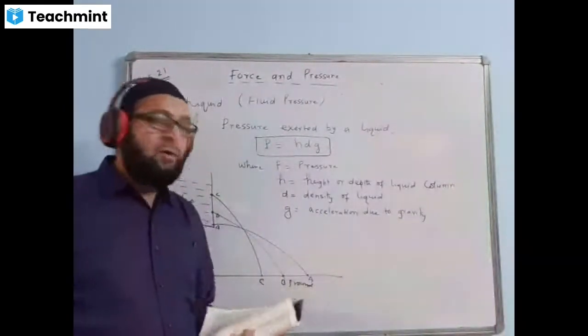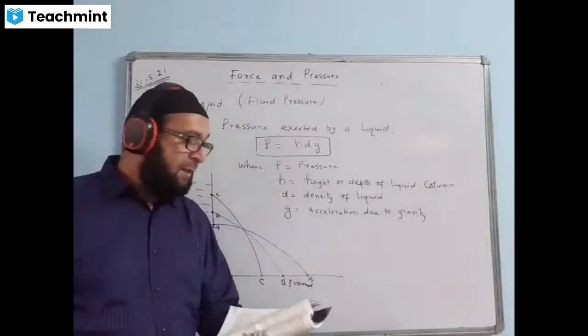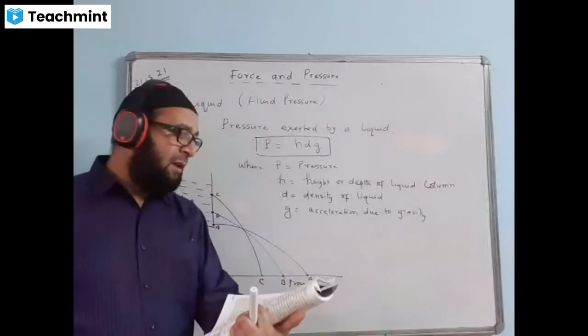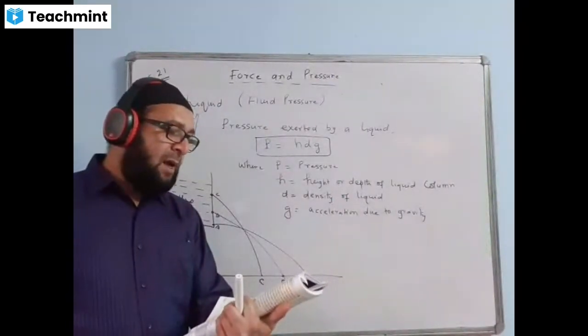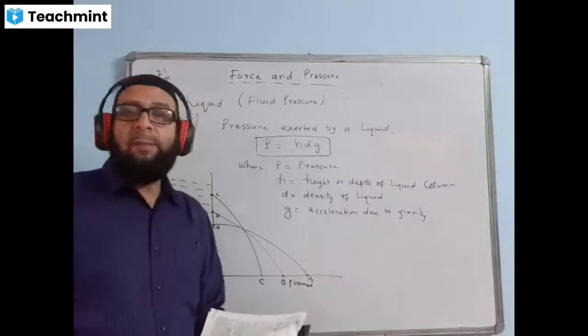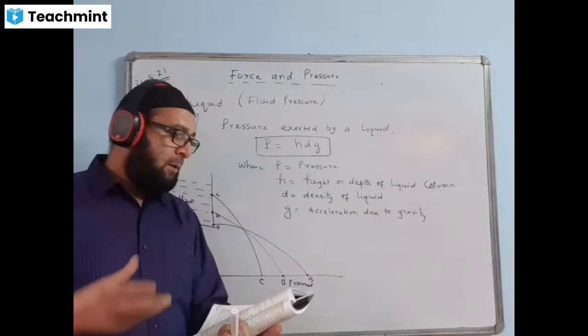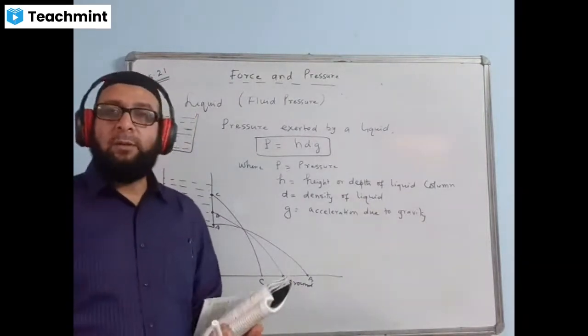And I told you liquid pressure increases with the depth. What is the example? The experiment, figure 3.24. You can see figure 3.24. Liquid pressure increases with the height of the liquid column. They are showing a balloon with a small quantity of water and a balloon with a large quantity of water.